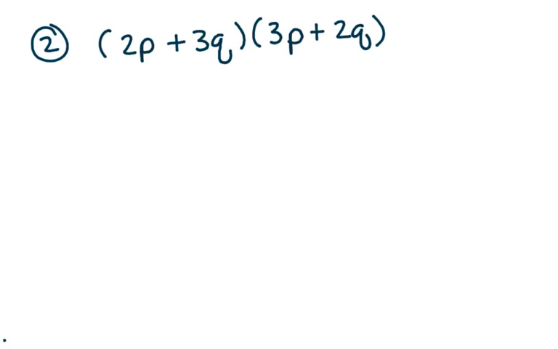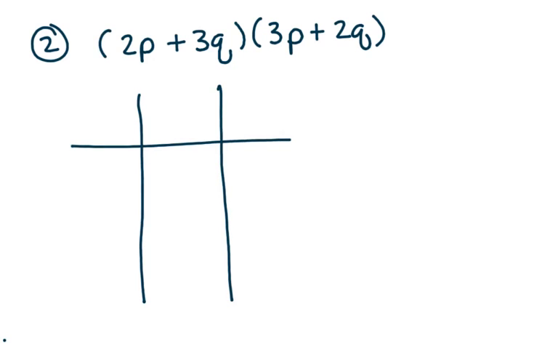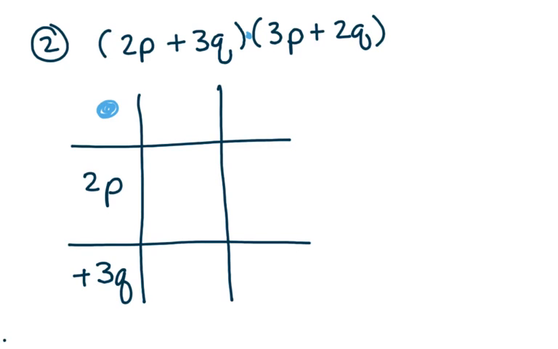If I look at my second example, I'm going to go ahead and draw my grid again. Here I'm using p's and q's as my variables. The operation, of course, is multiplication between these two. So I have 2p plus 3q, and that's being multiplied by 3p plus 2q.